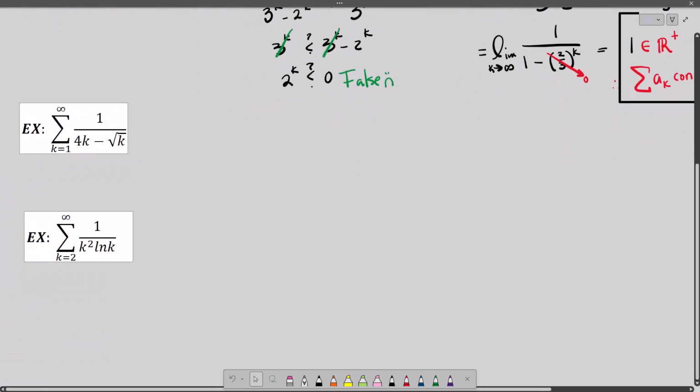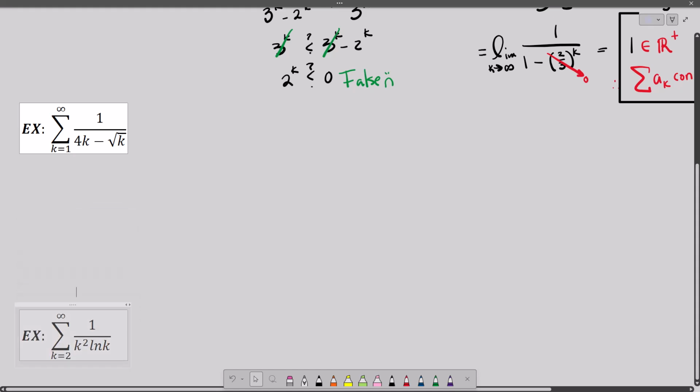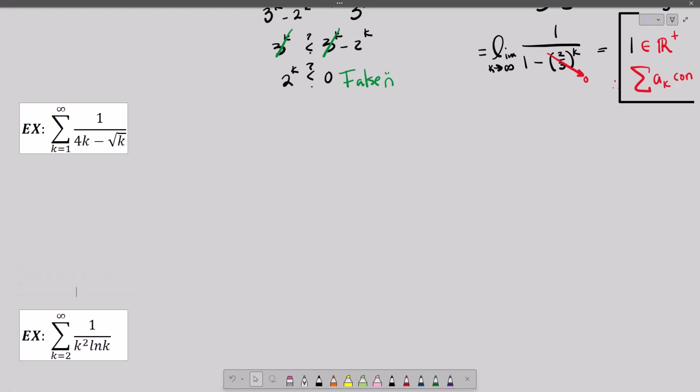Okay, let's try this one. When you look at this one, you have that same sort of scenario. You've got two functions here. One of the functions dominates, which means it goes to infinity faster than the other. And which one of those functions goes to infinity faster, 4k or root k? 4k. 4k, that's linear.